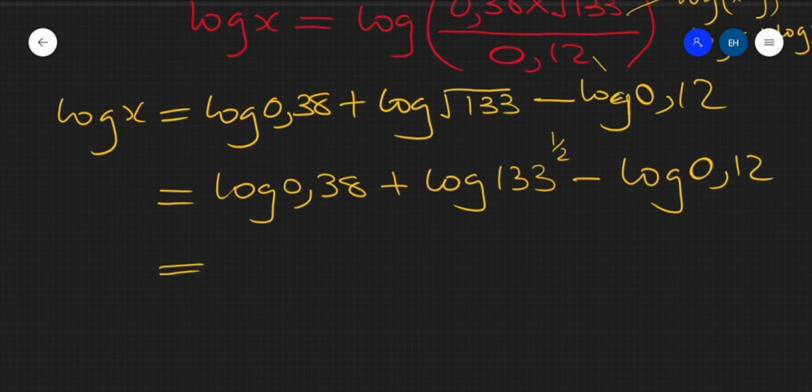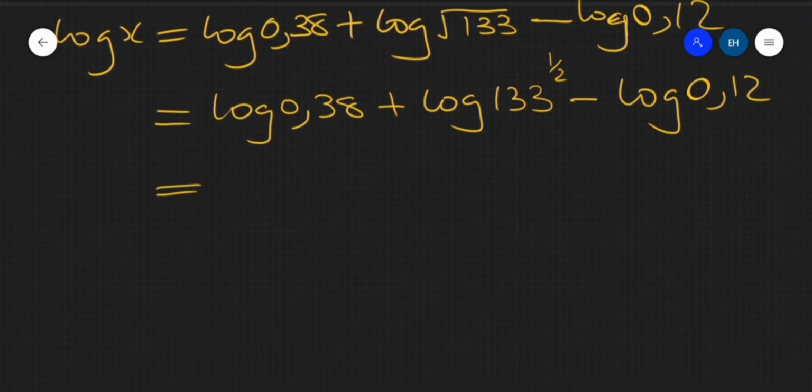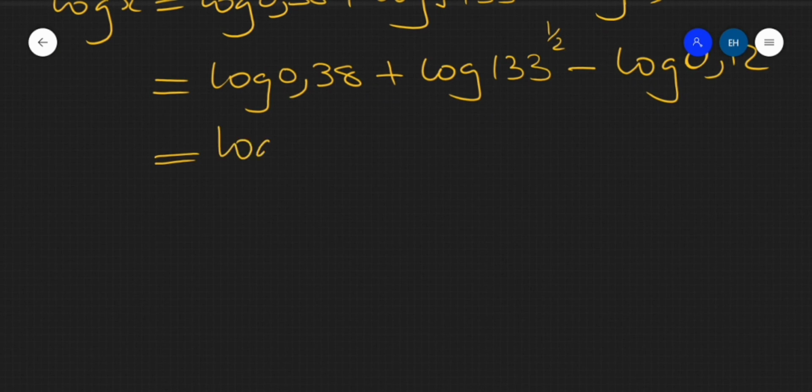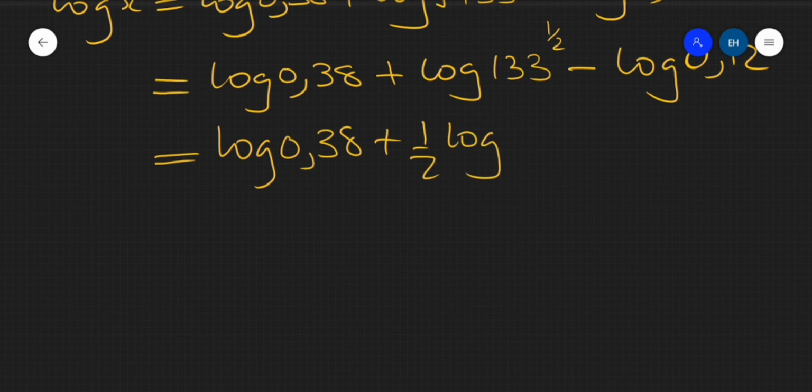Okay. Then I can rewrite it as log 0.38 plus half log 133 minus log 0.12. Then you can happily punch your calculator.